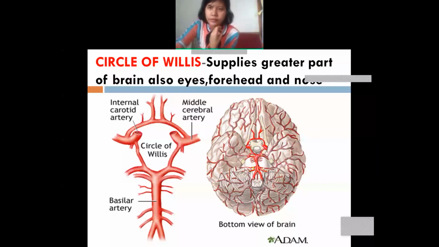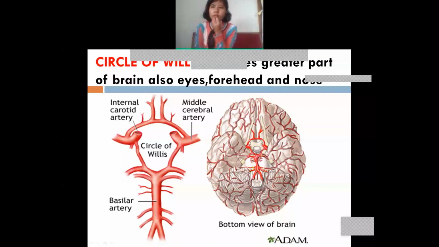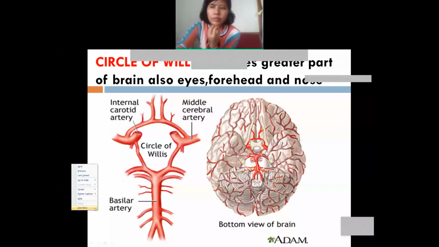Is it clear? Is it clear about the arteries? All the arteries, the head and the neck arteries. Yes or no? Okay.